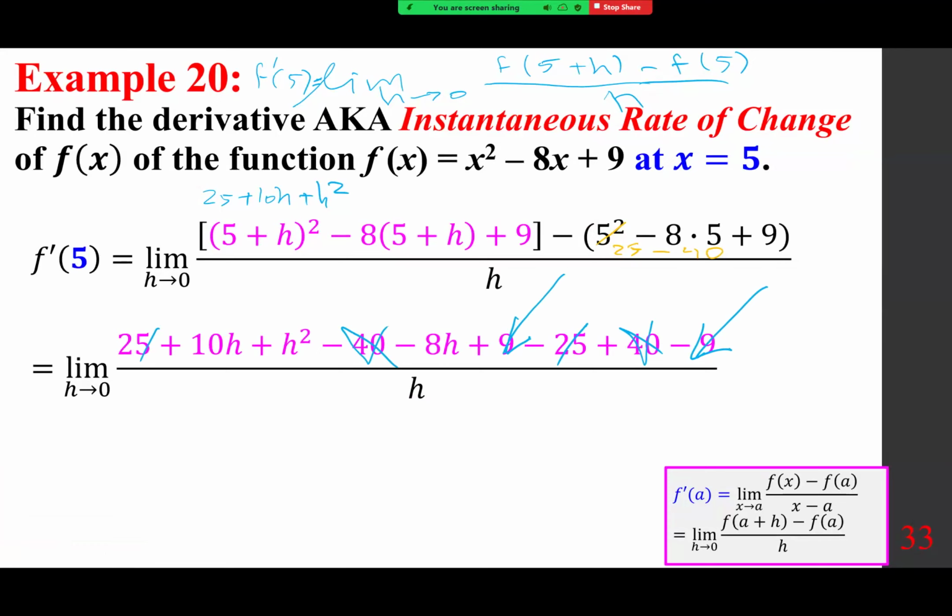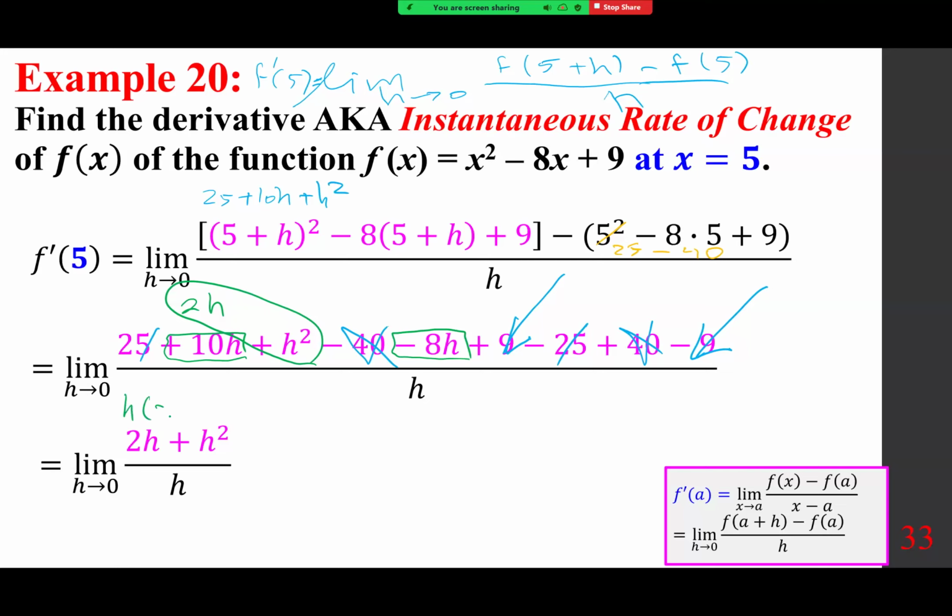Also, now we have 2h plus h squared. We factor out the h from the numerator.